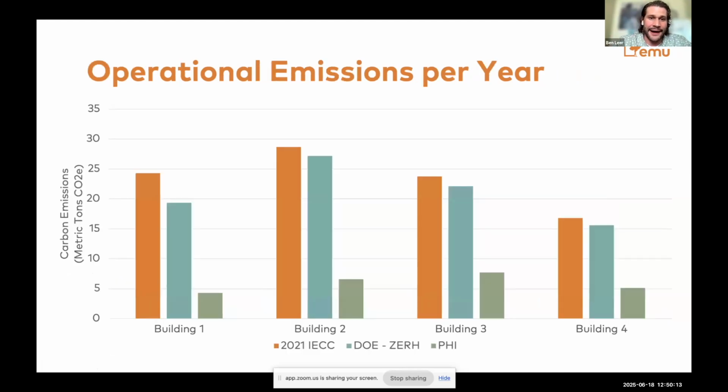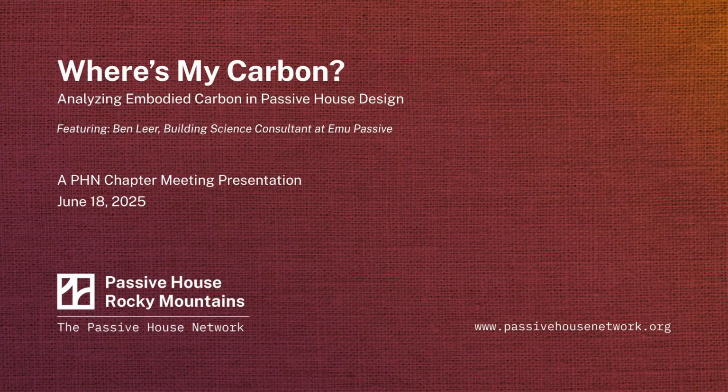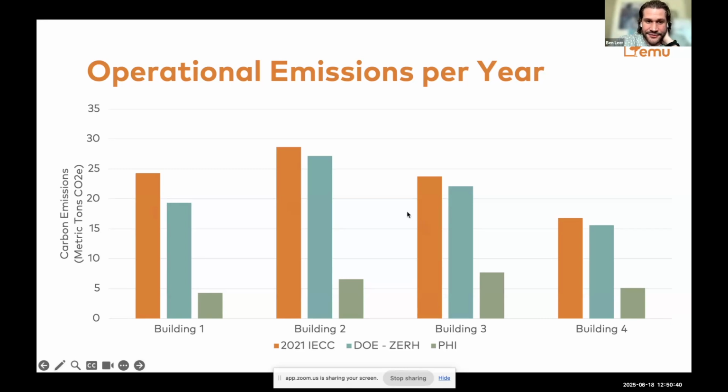Now we need to look at operational emissions of these buildings. So here we have the emissions associated with the energy the building consumes year after year. This is modeled in an energy model process. We're looking at the primary energy for these buildings, and this is measured in metric tons of CO2 equivalent. And you can see that code does a fairly bad job of preserving energy, right?